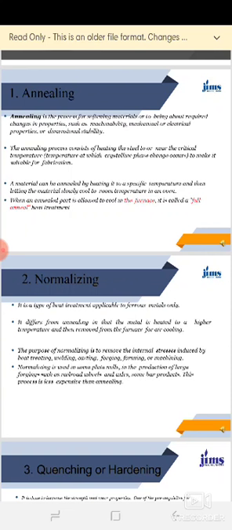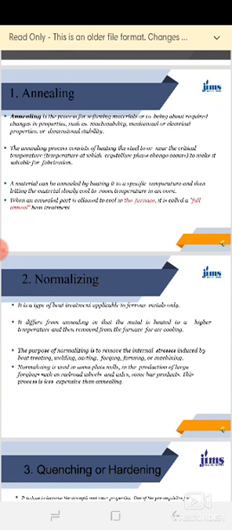The purpose of normalizing is to remove the internal stress induced by heat treating, welding, casting, forging, forming, or machining. These are the various operations. After these operations there are certain internal stresses generated in the metals. So to remove those internal stresses we do the normalizing process.